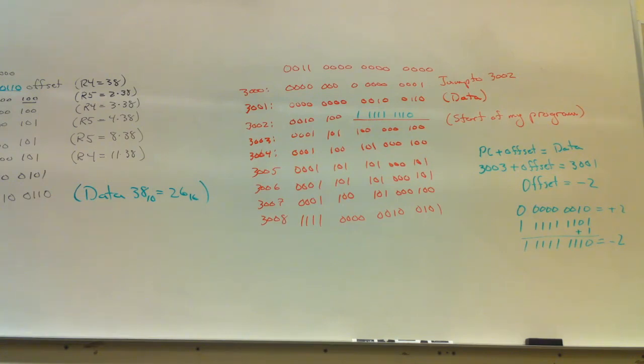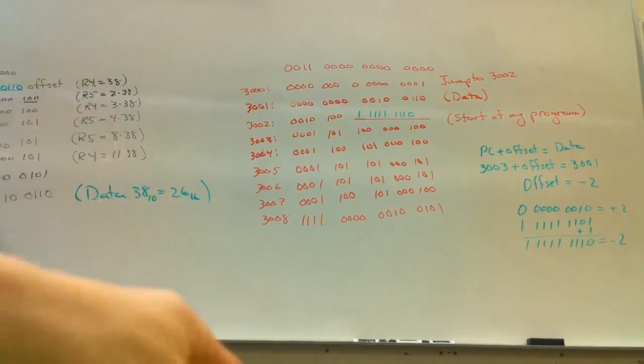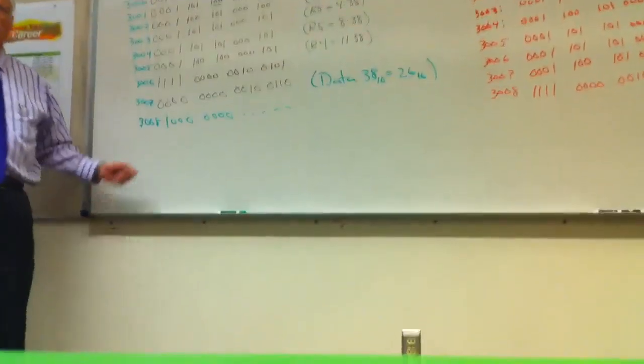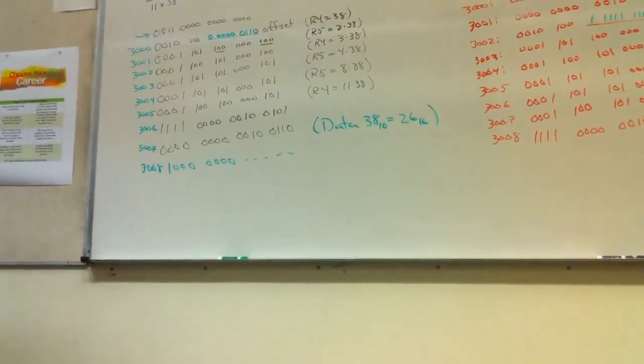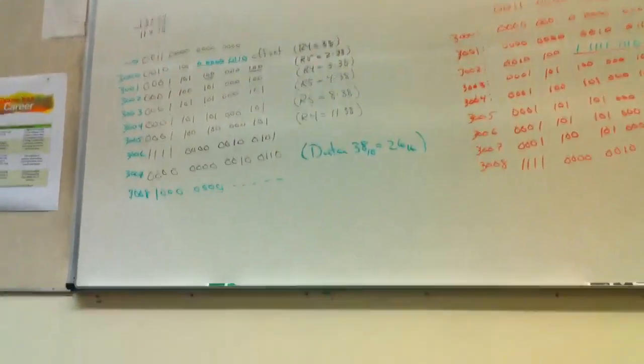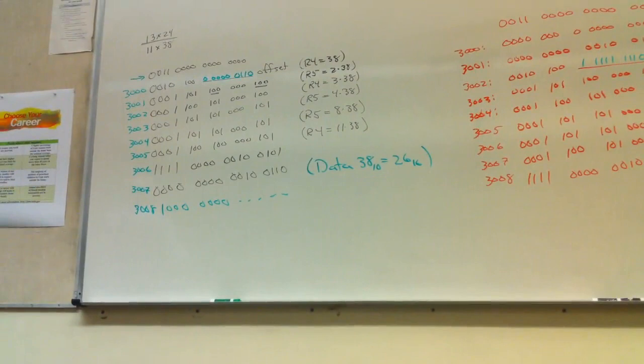See if I understand what you're saying. If you do this, that's a negative number. But remember that ultimately, all the computer sees are ones and zeros. Now, there are some things that will happen with a negative number.